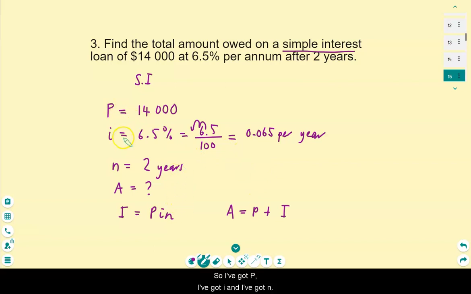I've got P, I've got I, and I've got N. So as you can see, it might make sense to use this to find I. And then once we have I, we have P, and we can find our A.